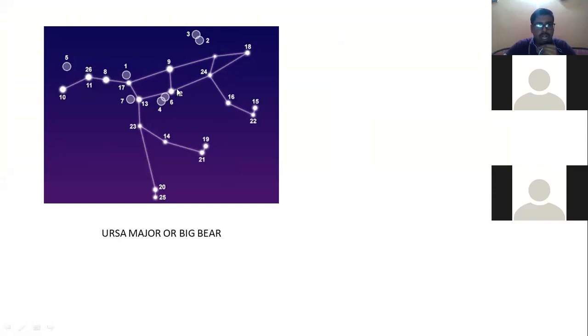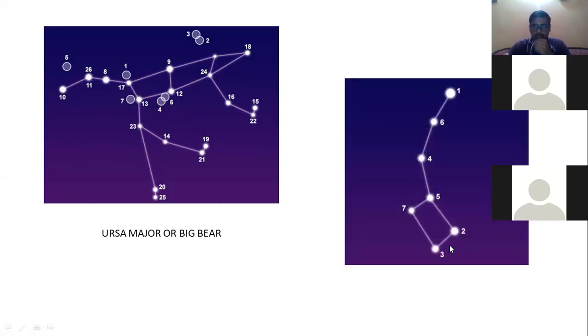If we combine these stars, it shows this kind of image, which some believe, such as the ancient Egyptians or in Greek mythology, is similar to a bear. If we look at the shape of a bear standing somewhere, and then look at this shape, that's why they call it Ursa Major or the Big Bear.